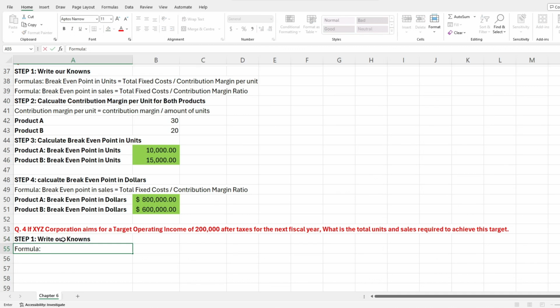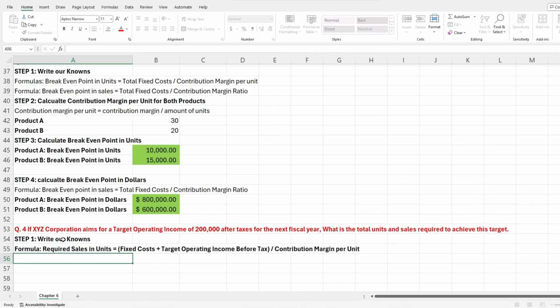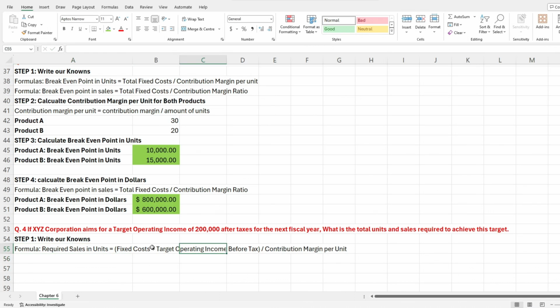So the formula for required sales in units is equal to, open parentheses, fixed costs plus target operating income before taxes divided by your contribution margin per unit. So just two things. Just make sure you're doing it before taxes.